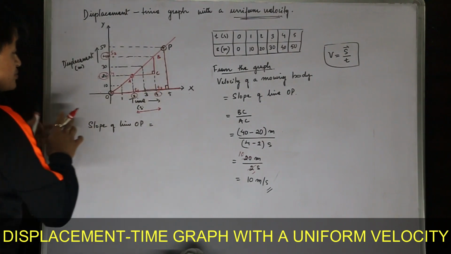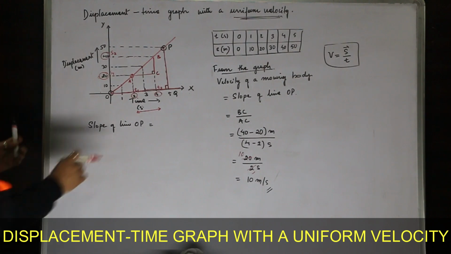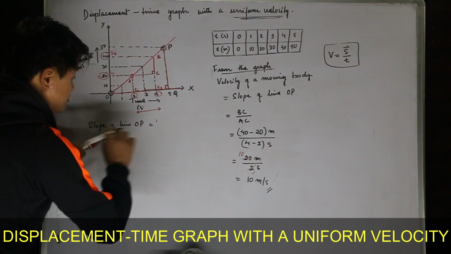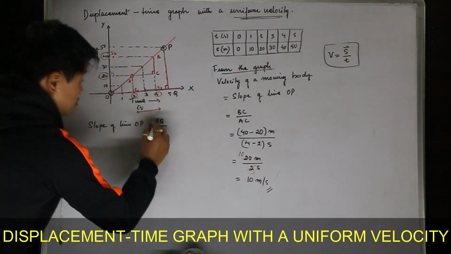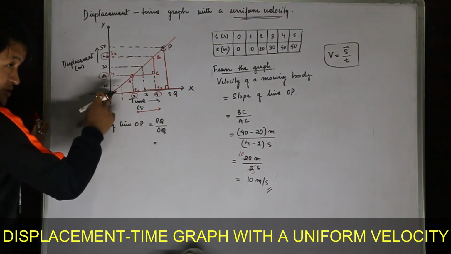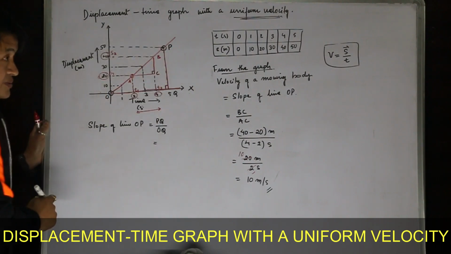Let's consider this point as Q. PQ here is the displacement. So the slope will be PQ upon OQ. At O the body is at 0 displacement, and at P the displacement of the body is 50 meters.